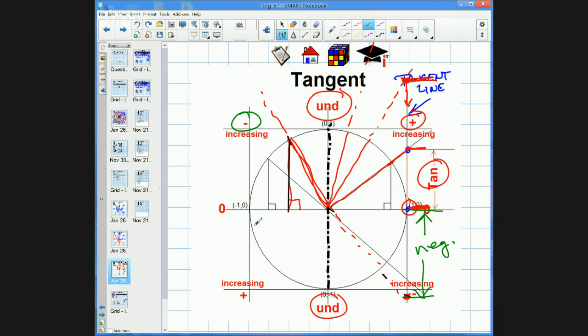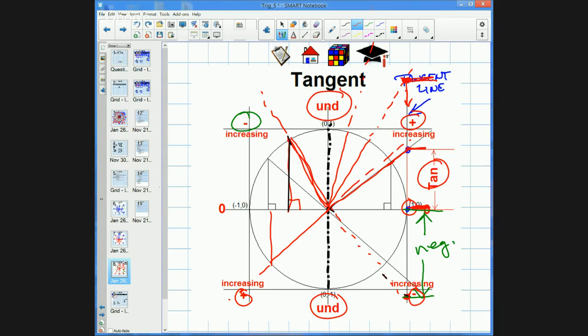When you come back to the third quadrant, now you draw your angle. Well, this is not going to hit the tangent line on the right, but when we back it up, it will, and it's going to be above. So it'll be a positive. Fourth quadrant, it goes downward, so we're back to negative again.